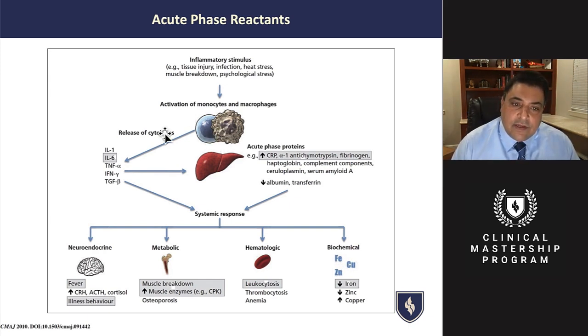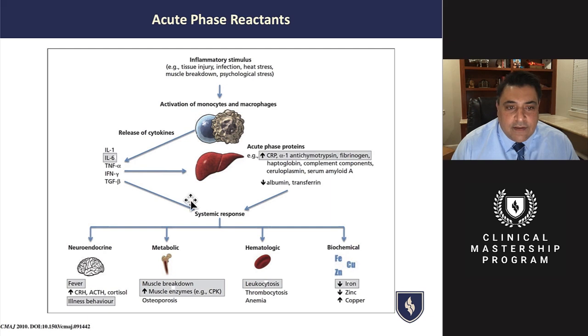These cytokines get released by immune cells and stimulate different proteins to be generated, many of them produced in the liver or by other immune cells. Then these acute phase reactants go up, and they can trigger the inflammatory response.